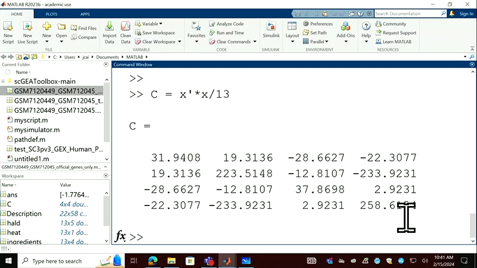Okay, I want to confirm this. Rather than use this very basic linear algebra operation, the multiplication between vectors or matrices, I can use the built-in covariance matrix function.